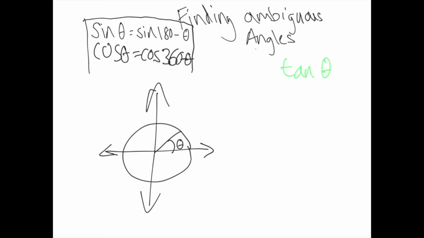Finally, we have finding ambiguous angles for tangent of theta. We have already found sine and cosine of theta. Now let's just make an observation. We already start with this angle theta here. If we extend this line that we already have to the opposite side of the unit circle, we'll find that we have the exact same angle theta right here. And so what does that tell us?